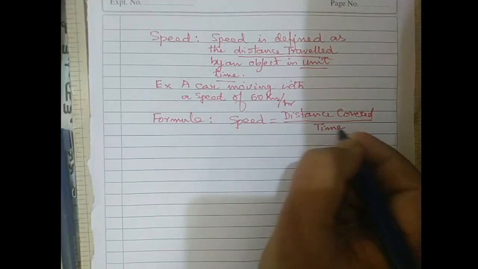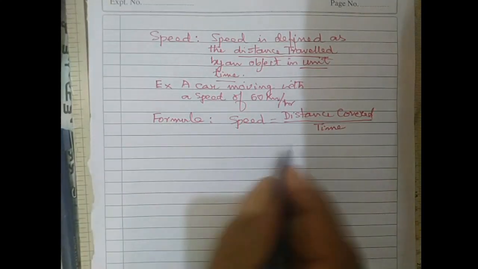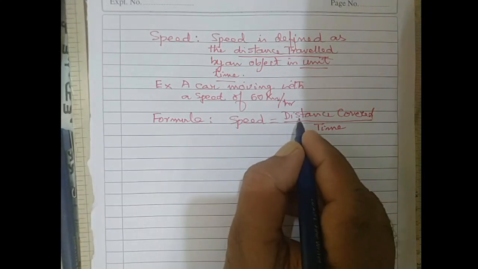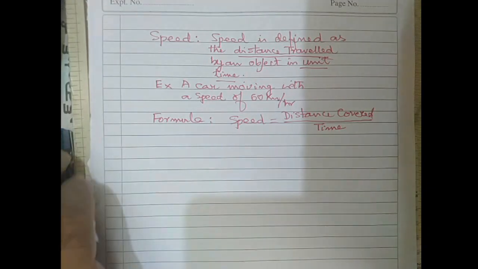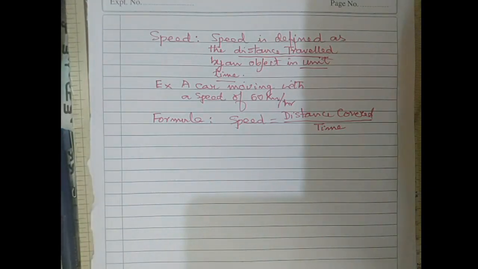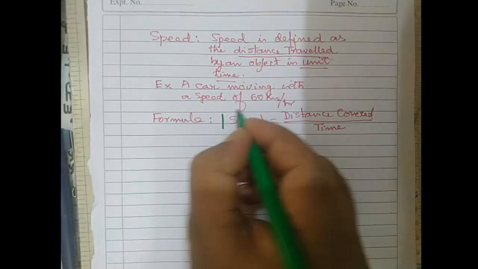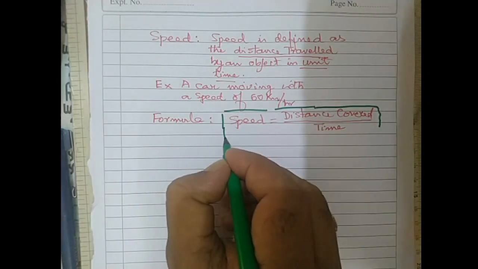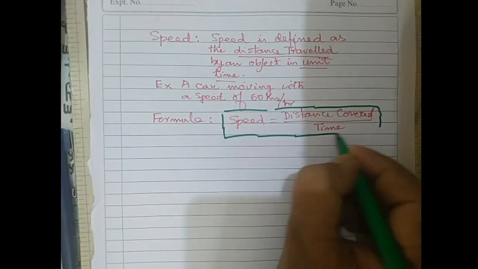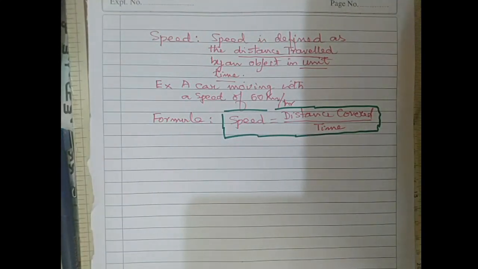Means total distance covered by the total time, we can say also, or distance covered by the time. This is the formula which we use for calculating the speed. Most important thing, numerical problems we have to use this one. Again and again it will be useful to you in future. Simply you can remember it as distance by time.